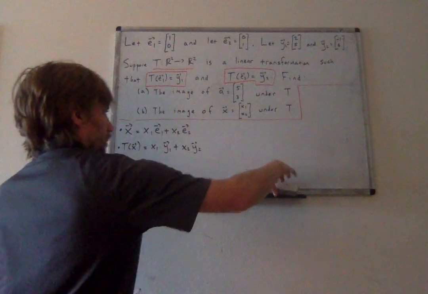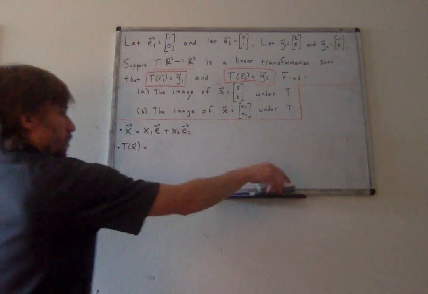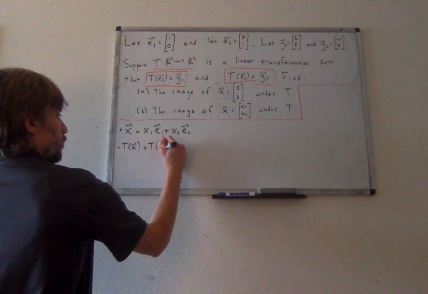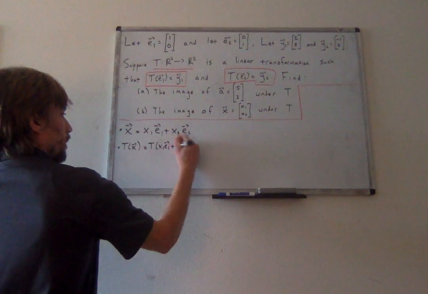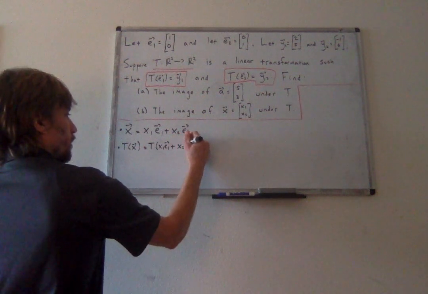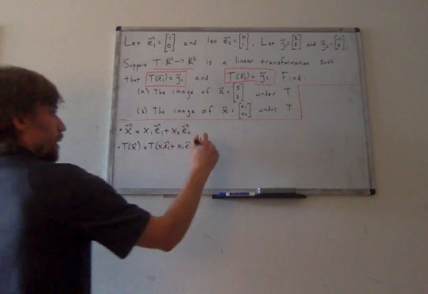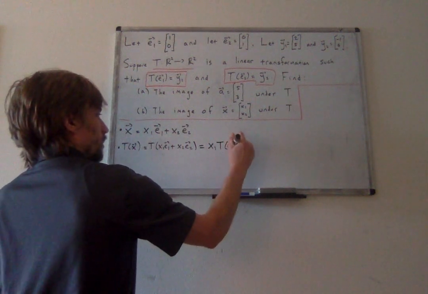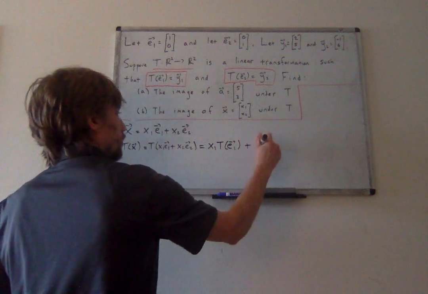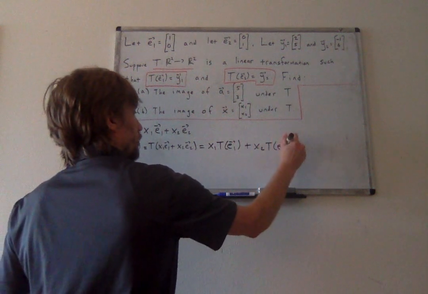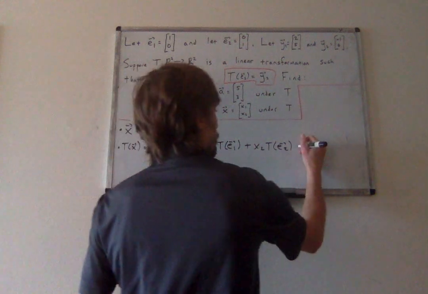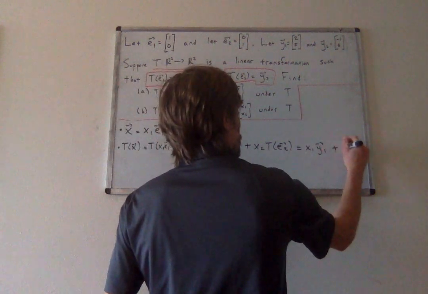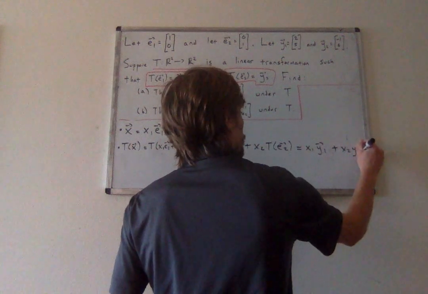And actually, I'll write a little bit more out to make that clear. So notice this is equal to T of x1 e1 plus x2 e2. Right, and so now this splits into x1 T of e1 plus x2 T of e2. And so that's how we get x1 y1 plus x2 y2.